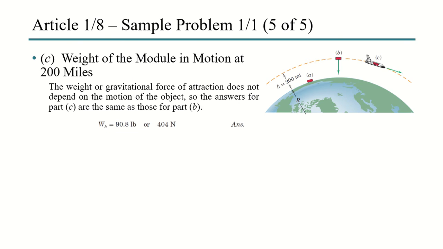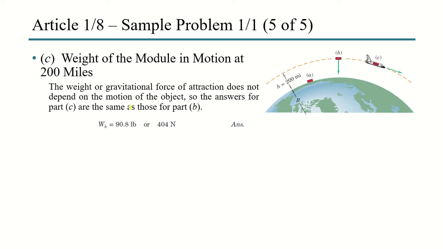Now for C, the weight of the module in motion at 200 miles. This time the module is already moving, because it's inside the shuttle or the spacecraft. The gravitational force of attraction does not depend on the motion of the object.